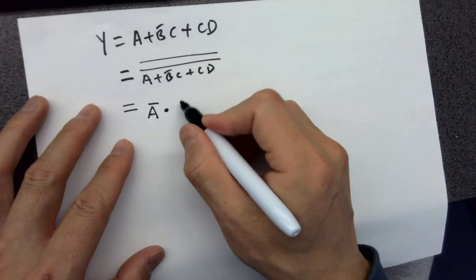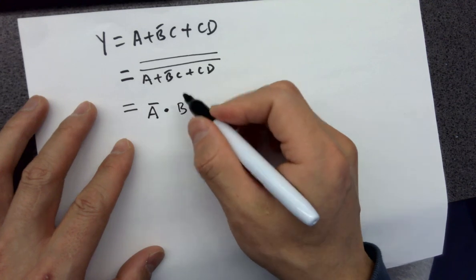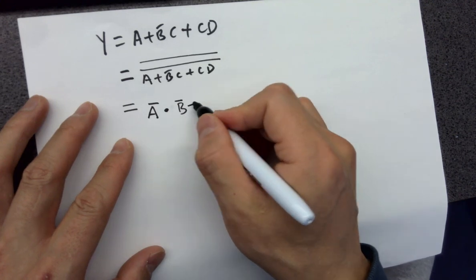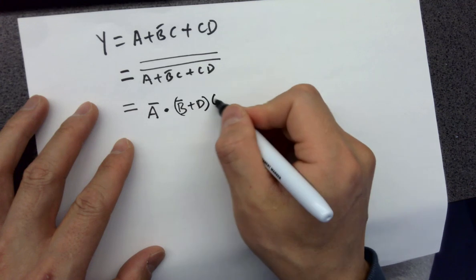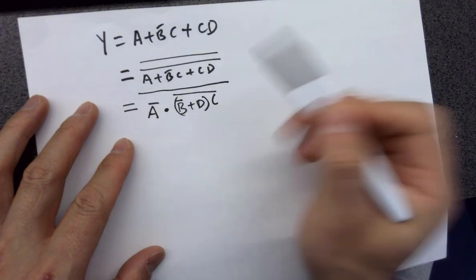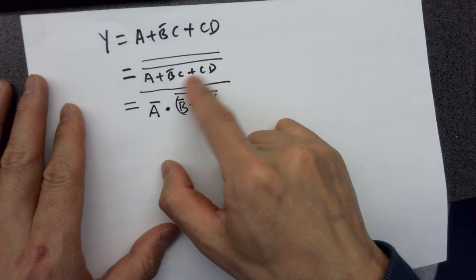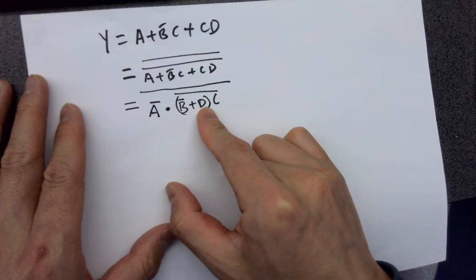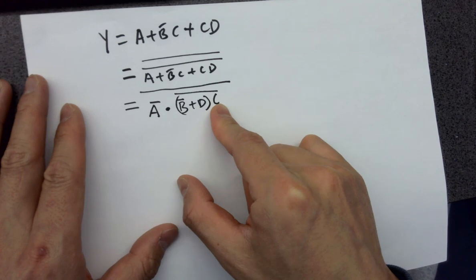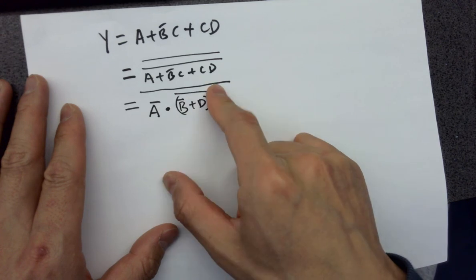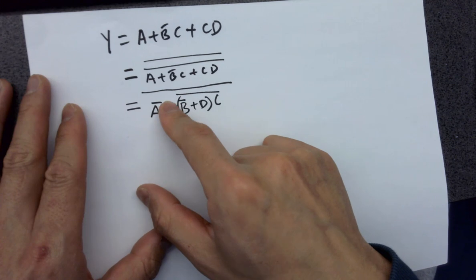Split the bar and change the sign. I just factored out C for these two terms. So it's going to be B naught or D and C bar, because that bar got split. Split the bar, change the sign.